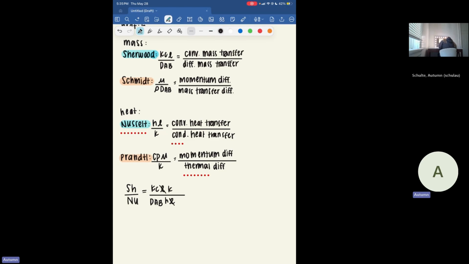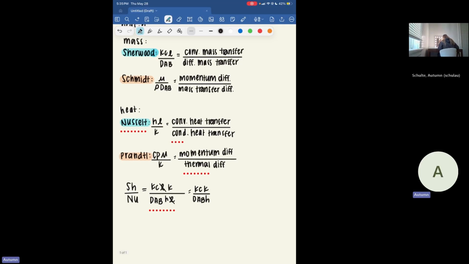So our length terms cancel. We're going to have mass transfer coefficient multiplied by the thermal conductivity divided by the diffusion coefficient of components A through B multiplied by our heat transfer coefficient.